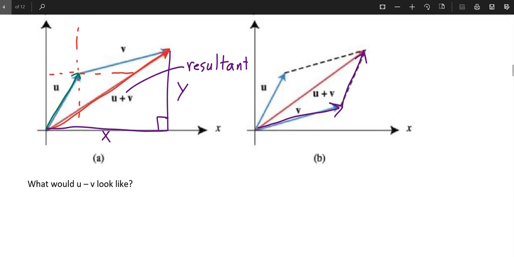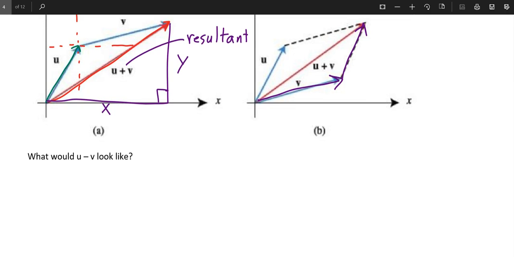So what do you think u minus v would look like? Based on my picture, if u goes like this, where is minus v going to go? Which direction does minus v head in? Mine's not a very good looking minus v.